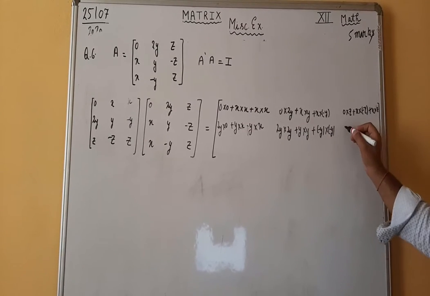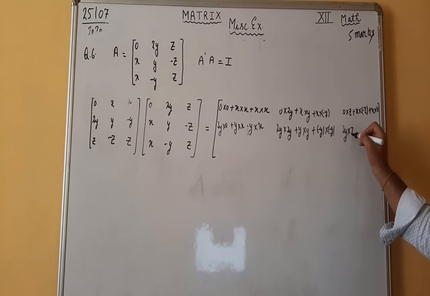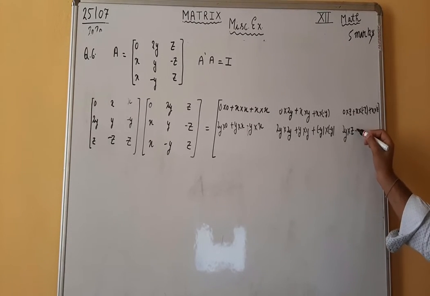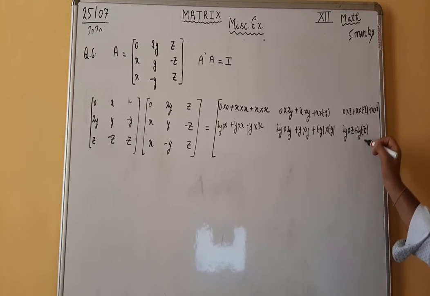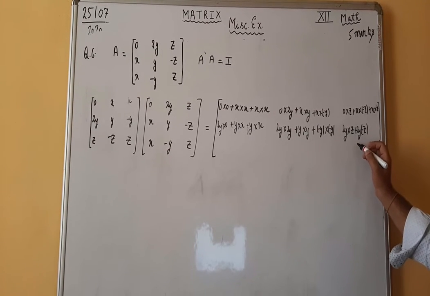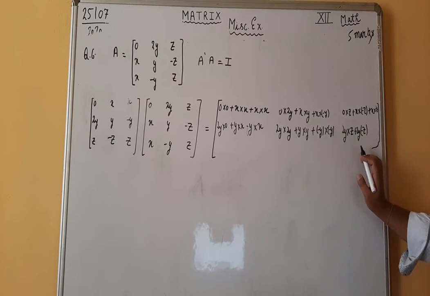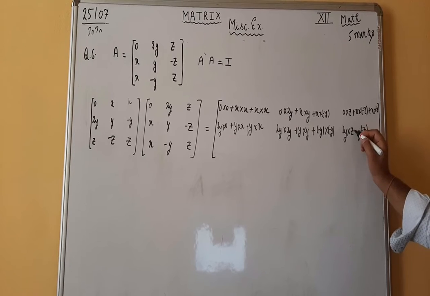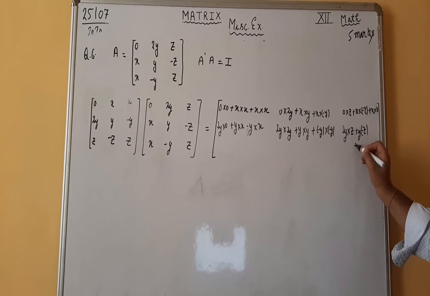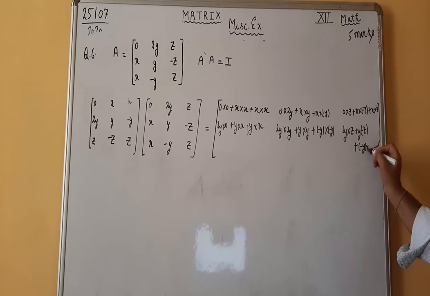Second row, third column: 2y into z, 2y into minus z plus 2y into z plus y into minus z plus minus y into z.